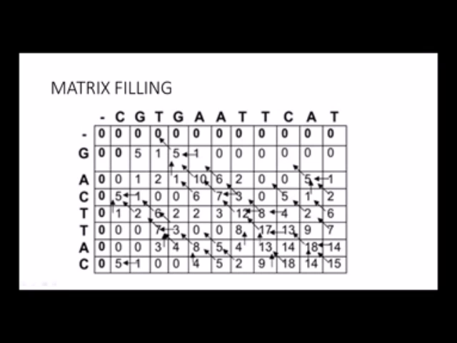This is the matrix filling. According to the scoring system, that is the scores we have considered here, the matrix is filled. If negative values rise in the matrix, the value is reset to 0, and the positive value is taken into account and the corresponding arrow mark is done.